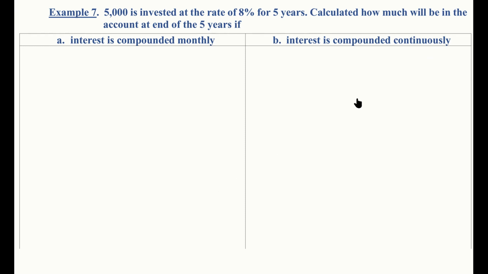You may think that because this is continuous, meaning interest is being earned all the time, this is going to be a lot larger than this. The actual fact of the matter is, because you get bigger chunks at the end of each month than each instant in this case, they actually end up very close. This one will be just slightly higher.